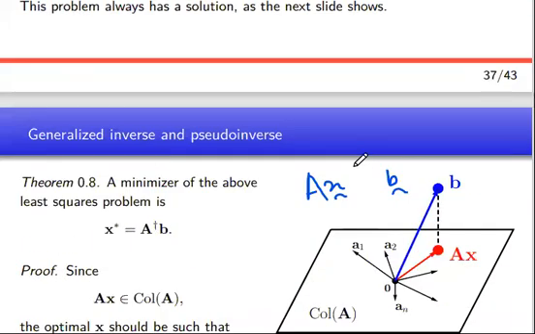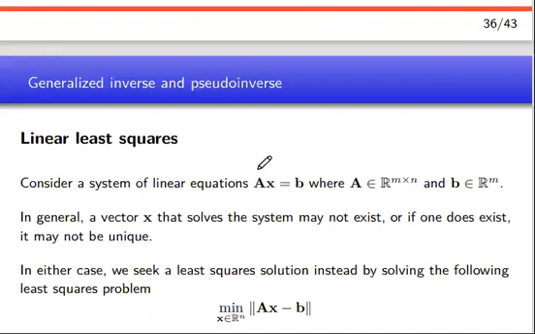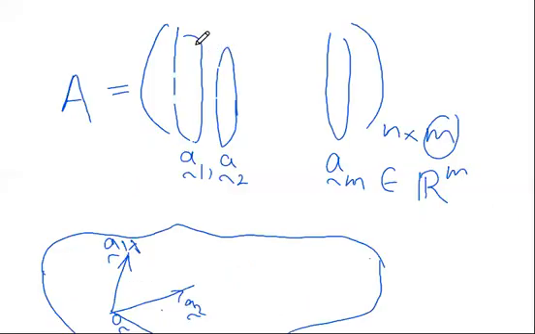So we are discussing the system, obtaining the solution of the system. Let's focus on this coefficient matrix. This is the first column of the coefficient matrix A, the second column, and so on. This is a general coefficient matrix. It has n rows and m columns.